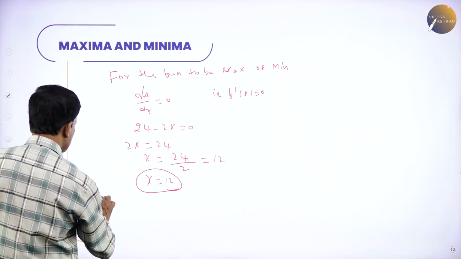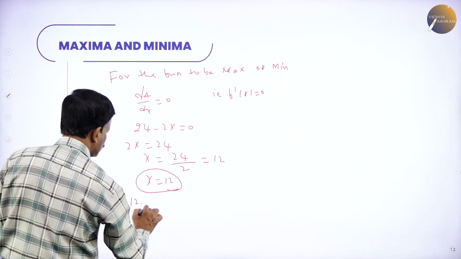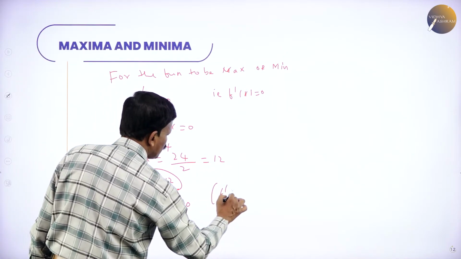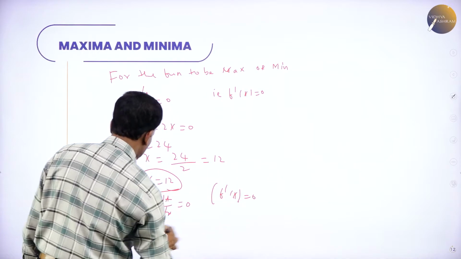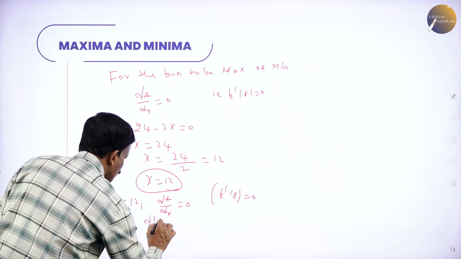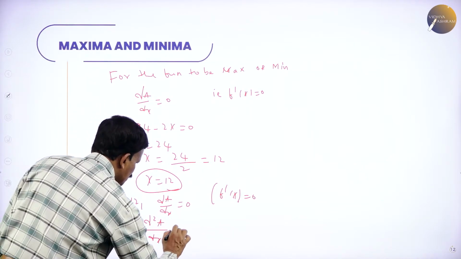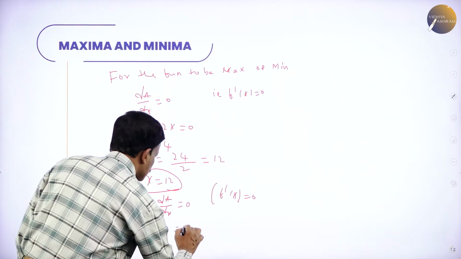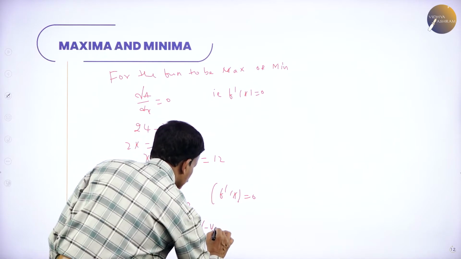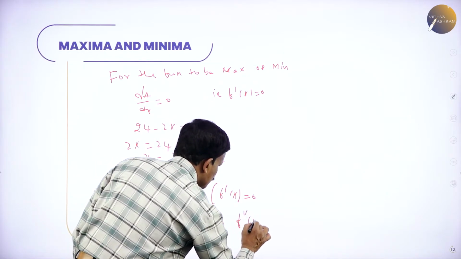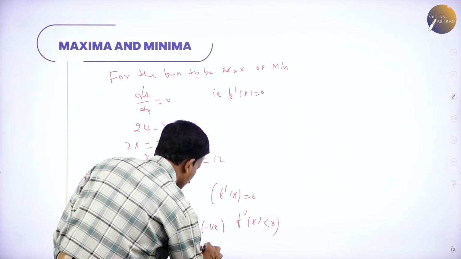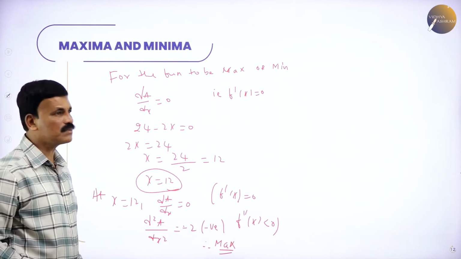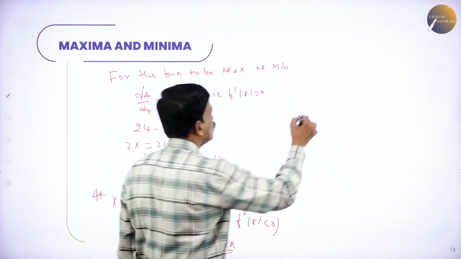Now, at x is equal to 12, dA by dx is equal to 0. What about the second derivative, d square A by dx square? It is already negative. F double dash x is less than 0, therefore the function is maximum at x is equal to 12.